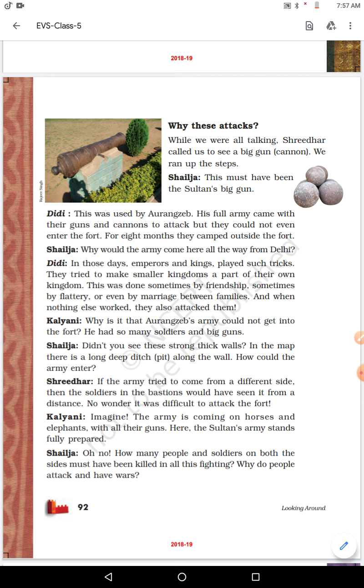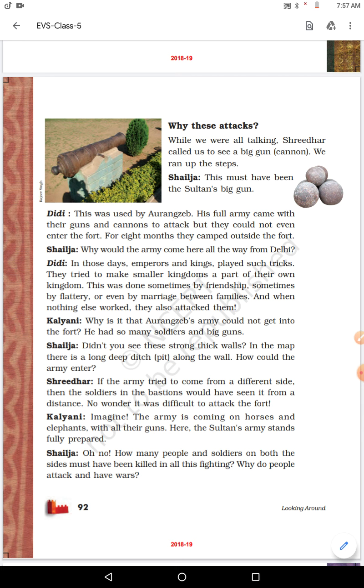In those days, emperors and kings played such tricks. They tried to make smaller kingdoms a part of their own kingdom. This was done sometimes by friendship, sometimes by flattery, or even by marriage between families. And when nothing else worked, they also attacked them.